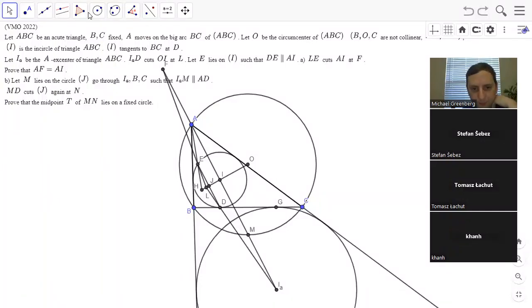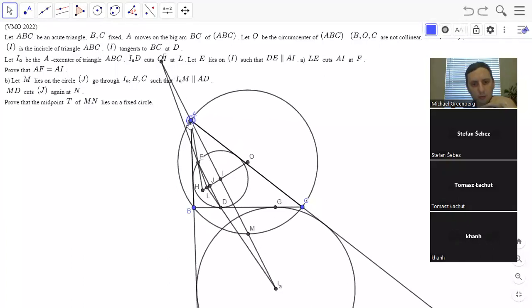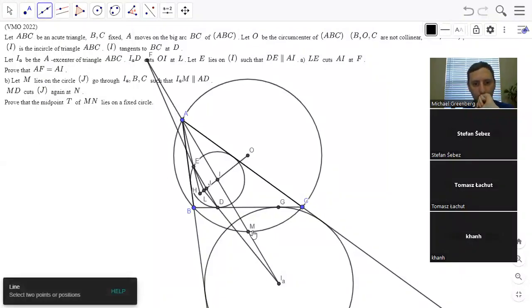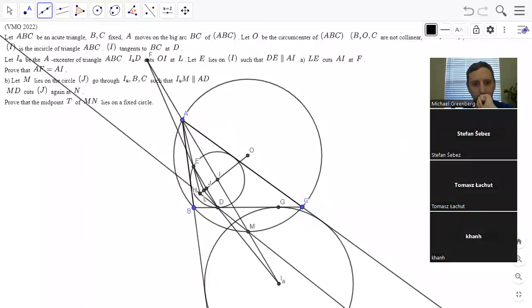MD, AE, and OI. Yeah. Interesting. But is that kind of, well, okay. And that looks kind of well known. MD, AE, and OI. So E is just, because DE is parallel, DE is parallel to AI, right? Okay, so MD, AE, and OI.